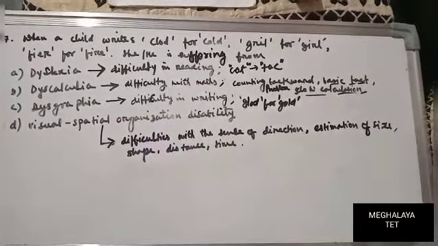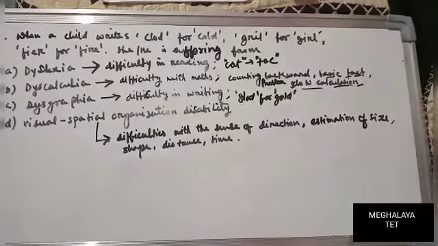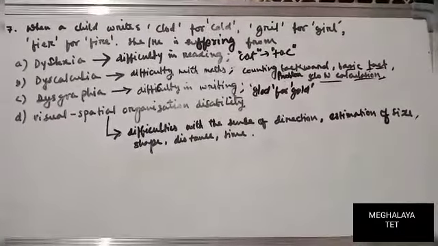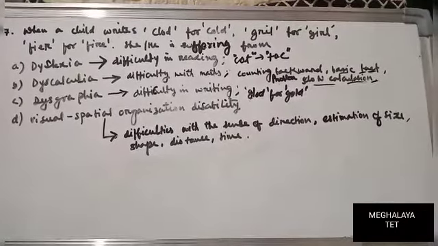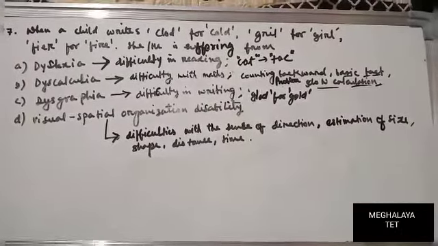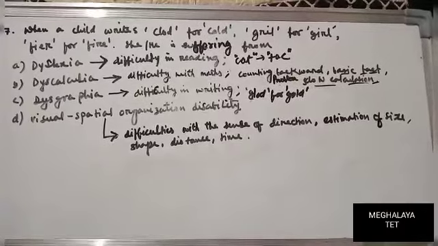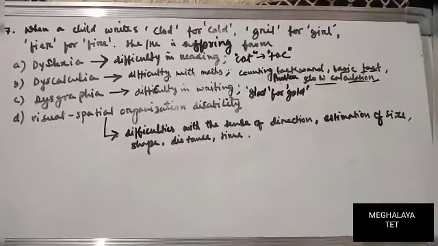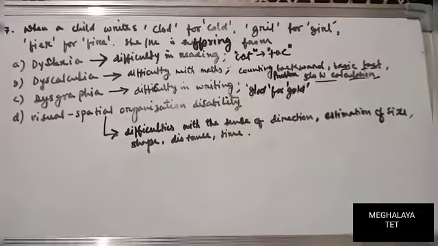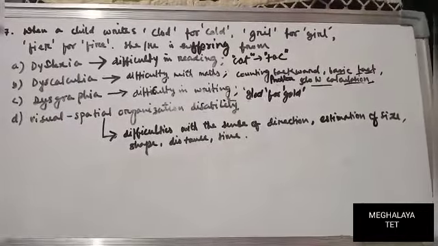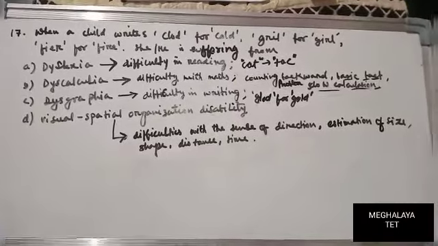What happens in dyscalculia? The persons having dyscalculia have difficulty with maths. Suppose they can count 1 2 3 4 5 6 7 8 9 10, but they are not able to count backward, 10 9 8 7 6 5 4 3 2 1.